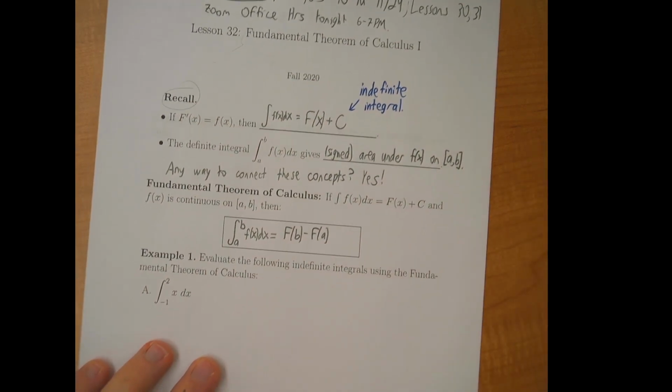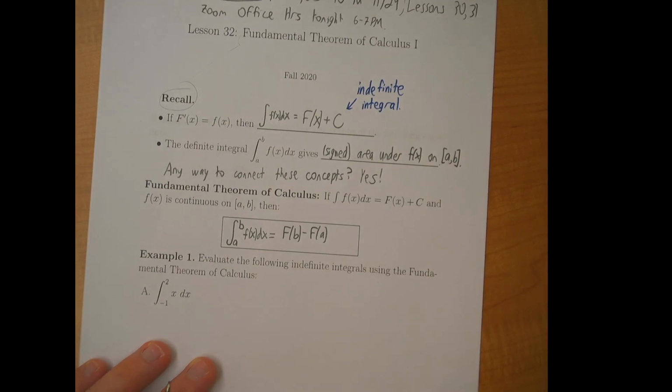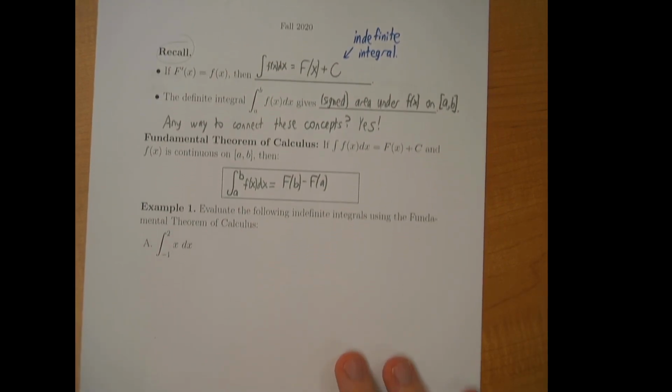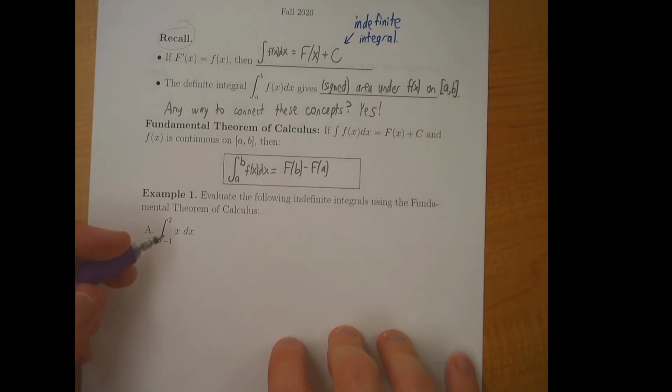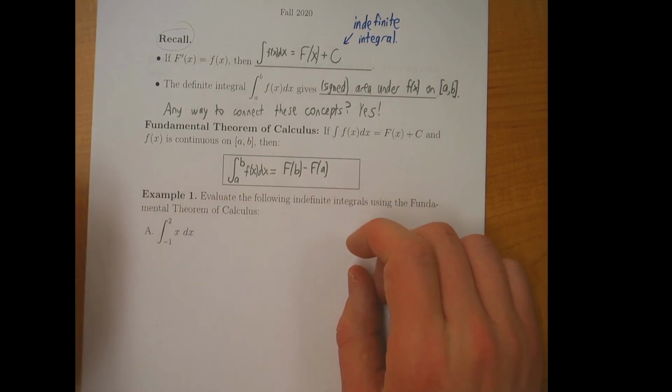So that's the fundamental theorem of calculus we've sort of been building up to regarding all the stuff that we've seen so far on antiderivative stuff. Now that we know what it is, let's actually apply it.